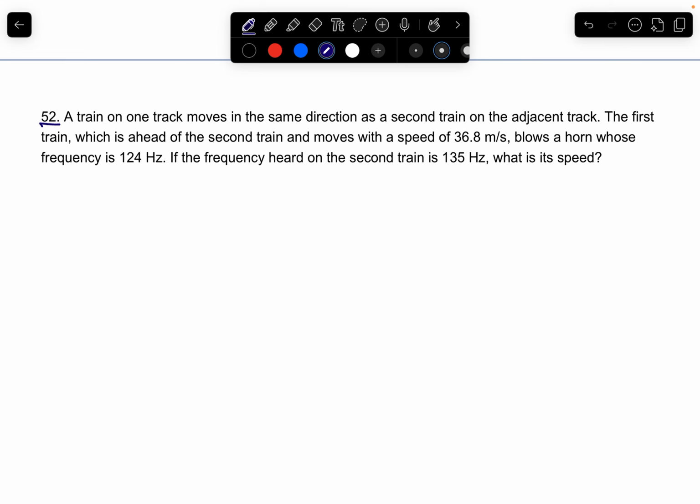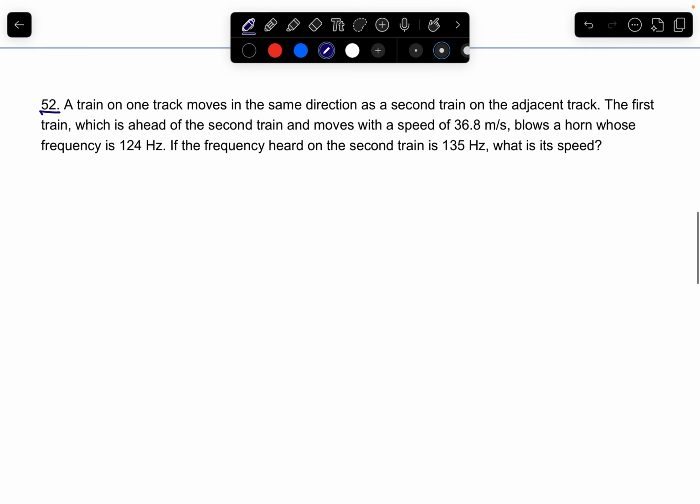This is question 52 from the textbook. We are given that a train on one track moves in the same direction as a second train on an adjacent track.